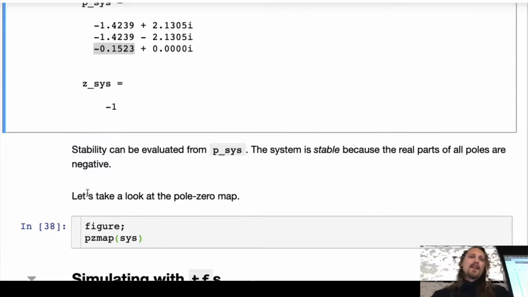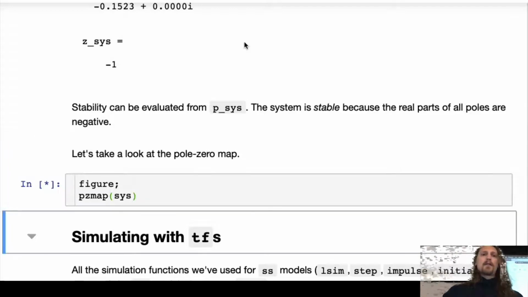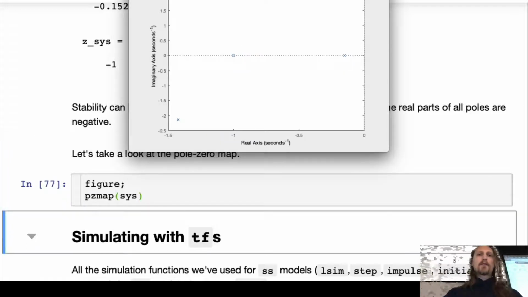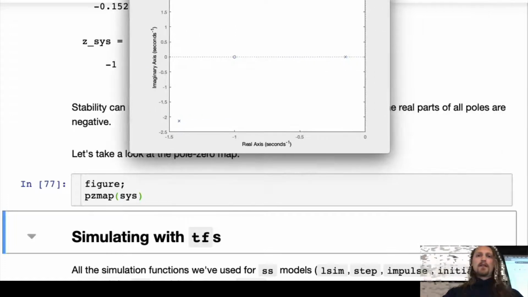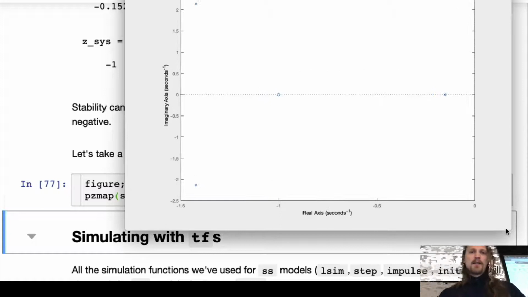Okay, so it's stable. We also know from the lecture that it's interesting to look at the pole zero map, which is to look at where the poles and the zeros are in the complex plane. So the PZ map function will give us a look at that. I know that these are a little small, but what we see is an X here, which corresponds to the pole at -0.15.